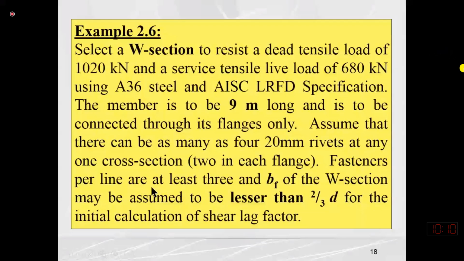And the flange width bf of the W section may be assumed to be less than 2/3 d for the initial calculation of the shear lag factor. Why this information is given, I will also explain. So bf over d ratio is less than 2/3 for the shear lag factor.